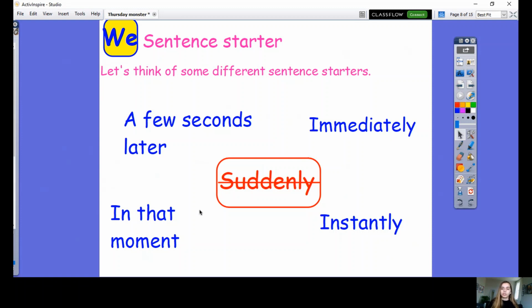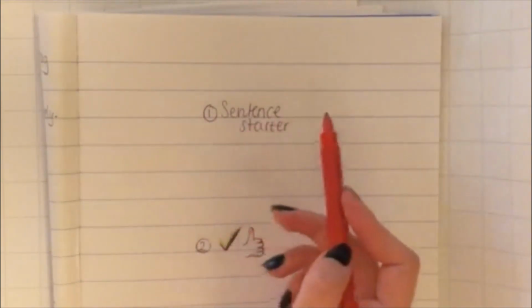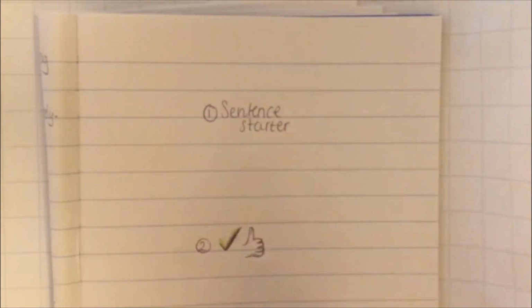So here I'm going to show you how I wrote down my ideas for my sentence starters on my vocabulary list. So off I go. So the first thing that we're going to write are some sentence starters for how quickly we spotted that giant. Now it's not going to be a few hours later, it's as soon as your main character has seen the expensive hen. So it's got to be very quick.